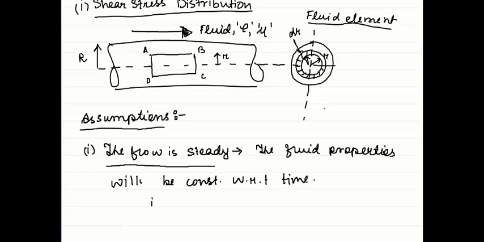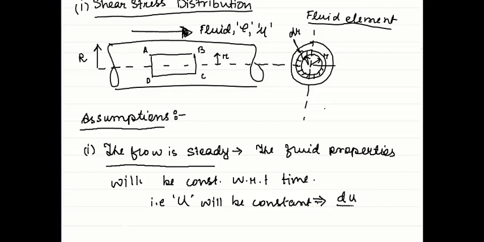That is, the velocity, which is denoted by u, will be constant. Now if the velocity is constant, we know that acceleration will be what?